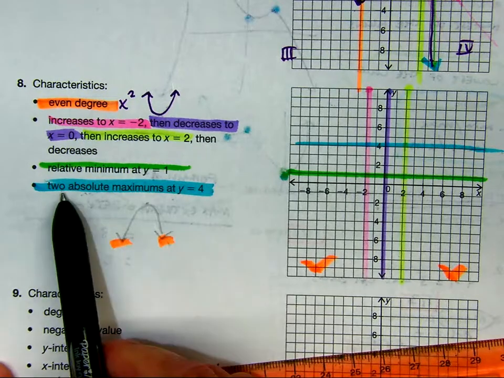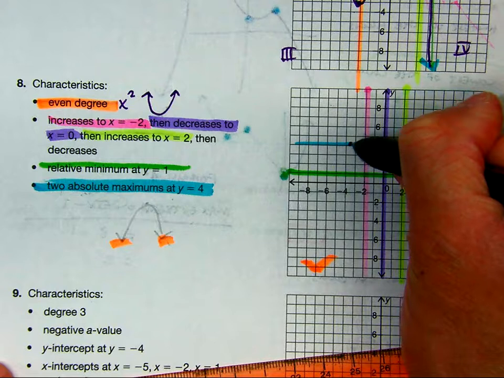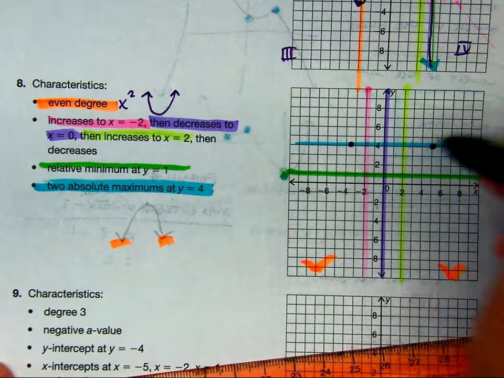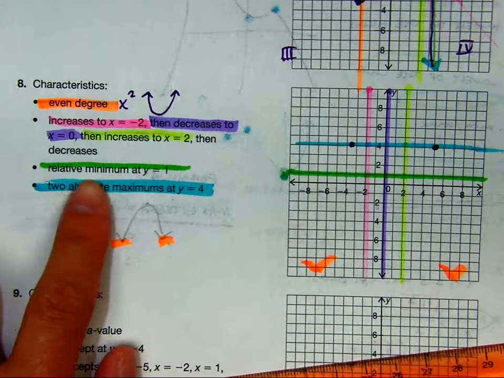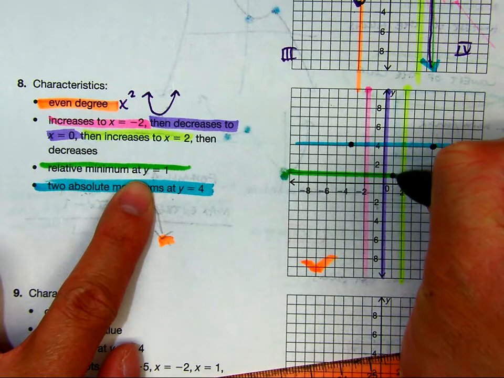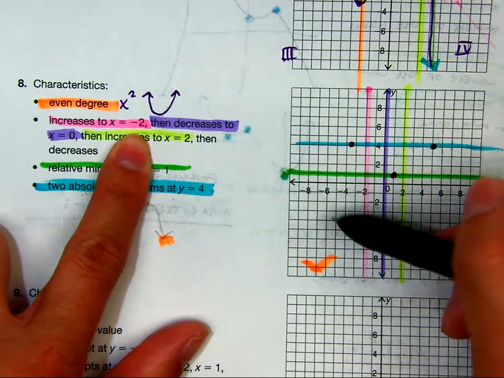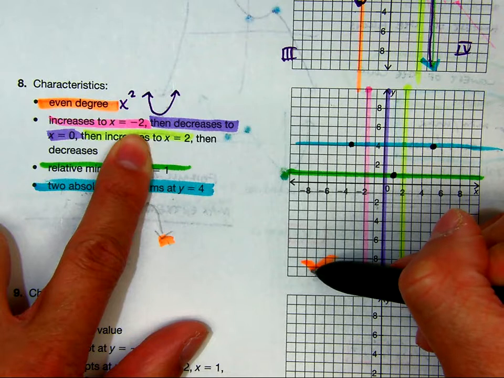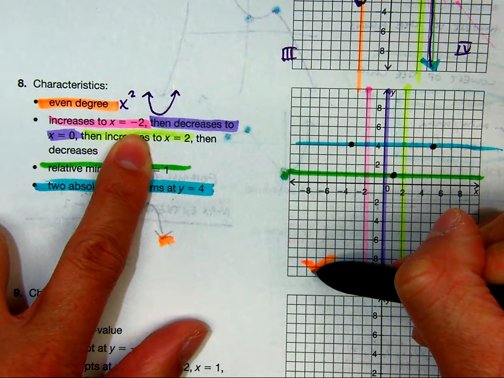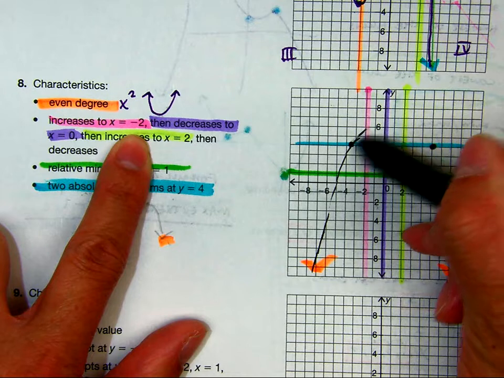And then we said two absolute maximums at y equals 4. So I'm just going to draw, these are the mountains. And let's put the minimum maybe in between it. So it's increasing up to -2. So actually my graph should go, it's got to increase to here though.